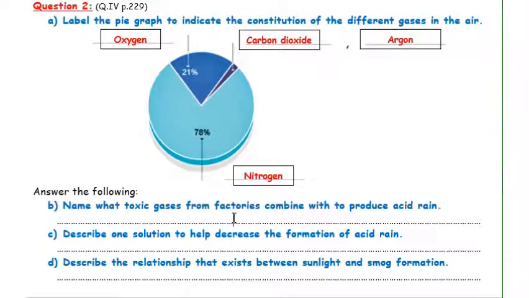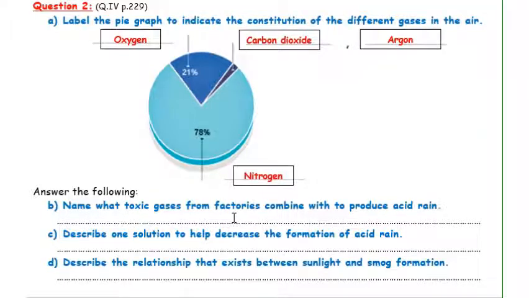Okay. Part B. Name what toxic gases from factories combine with to produce acid rain. As we said, factories release harmful gases such as sulfur dioxide and carbon dioxide.